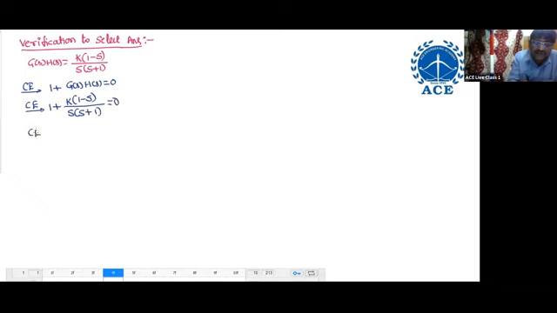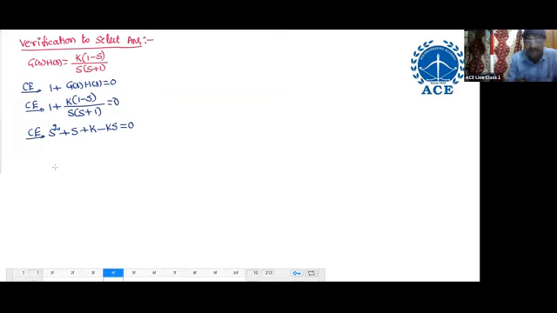Then the characteristic equation is s square plus s plus K minus Ks equals 0. Now substitute the K value.